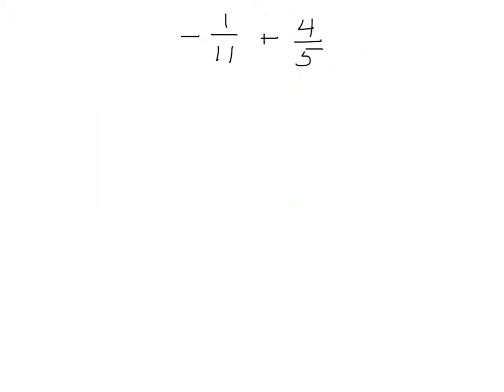Next one. So this one's a little bit trickier, and the reason being is we have different denominators, first off. And secondly, the first fraction is negative, and the second one is positive. So the first thing we have to do is get common denominators. So what I'm going to do is make two little fraction bars there with our negative sign.